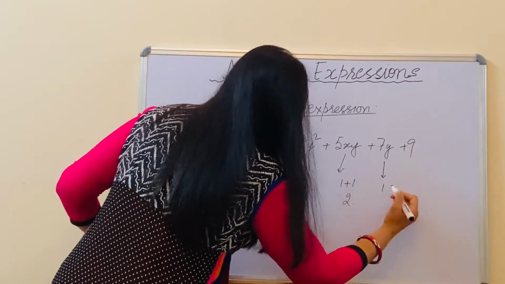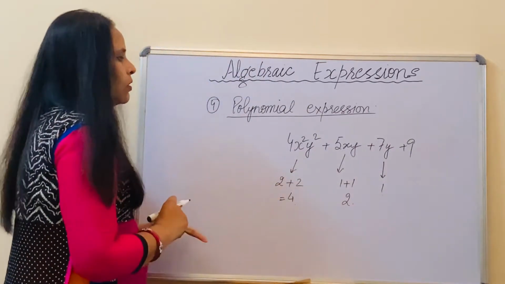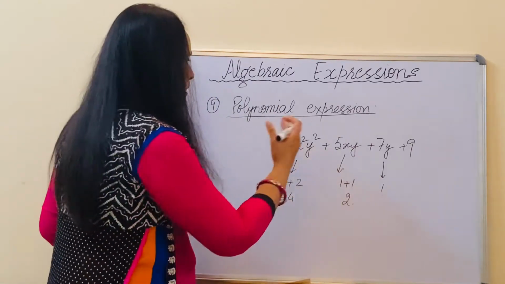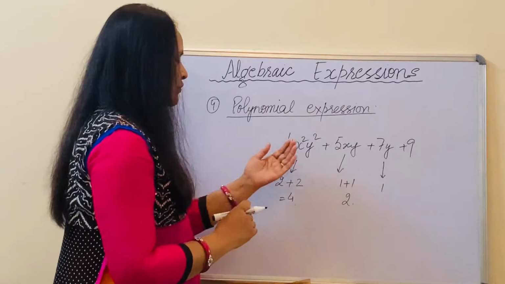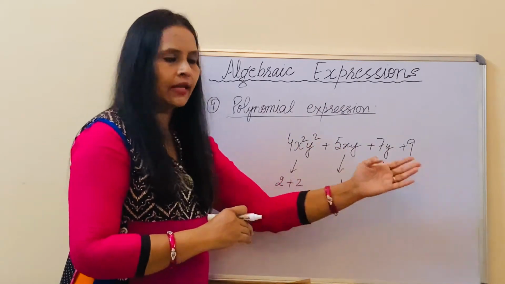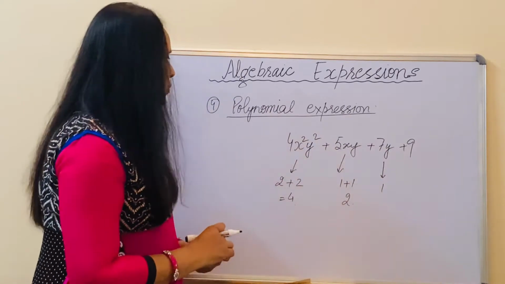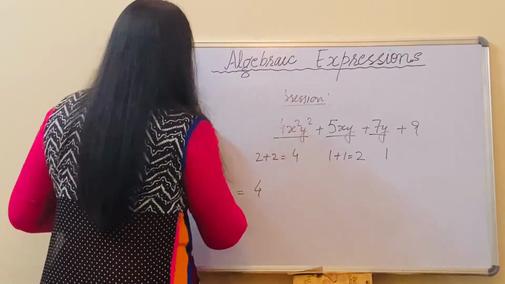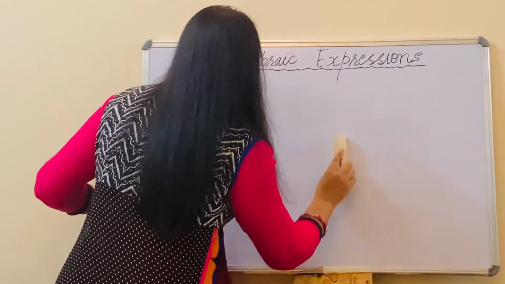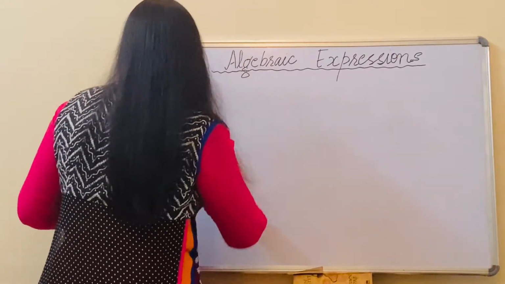Here it is 1. So the maximum power comes out to be 4. So the degree of the polynomial expression 4x square y square plus 5x plus 7y plus 9 comes out to be 4.